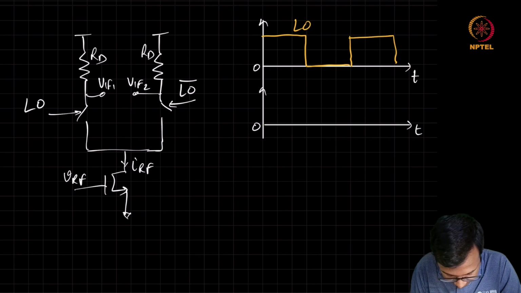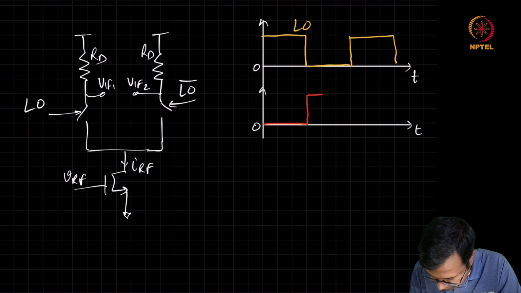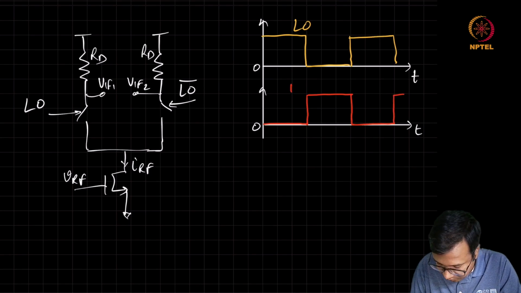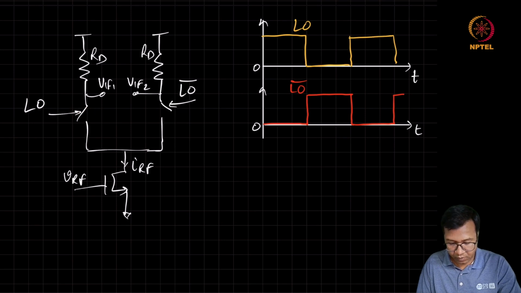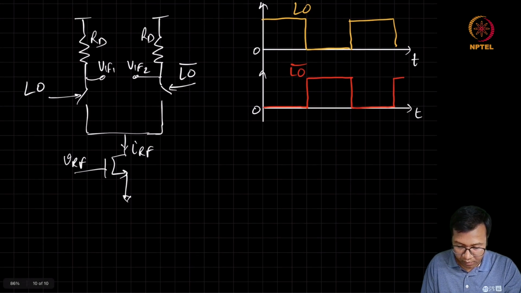LO bar is this. And the idea is whenever this LO is high, the switch is turned on. When the LO is low, the switch is turned off.